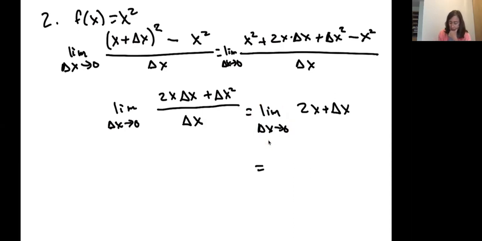That is just 2x. As delta x goes to 0, 2x stays at whatever it's at. X is just kind of a parameter here. Delta x is going to 0, and what we are left with is 2x. And that is indeed the derivative of this function.